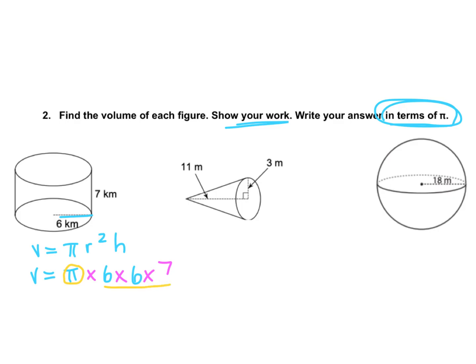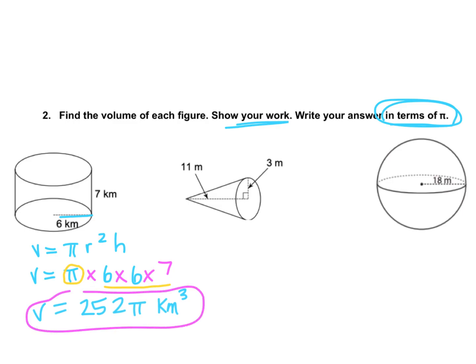And do not calculate the pi because this is in terms of pi. That gives us 36 times 7, 252 pi, and then it's kilometers cubed. All of our labels that are 3-dimensional will be to the 3rd power. And again, in terms of pi, don't type in pi at all.